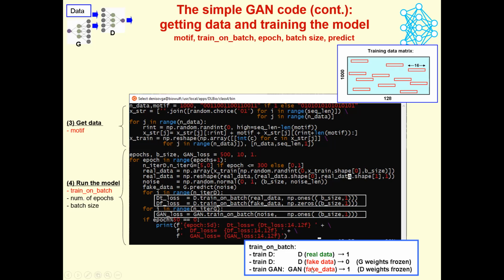When we train on fake data, the discriminator attempts to output 0. The weights will be adjusted so that it outputs 0. And when we train the GAN, only the generator weights will be adjusted during training. The discriminator weights will be frozen. Then, on fake data, we attempt to create one.